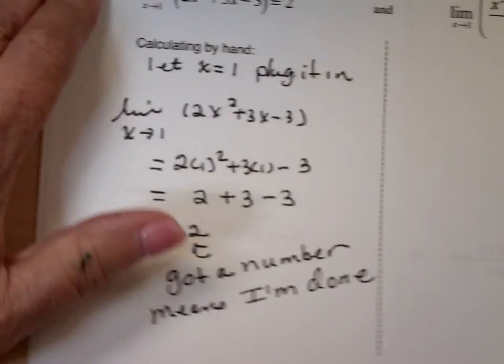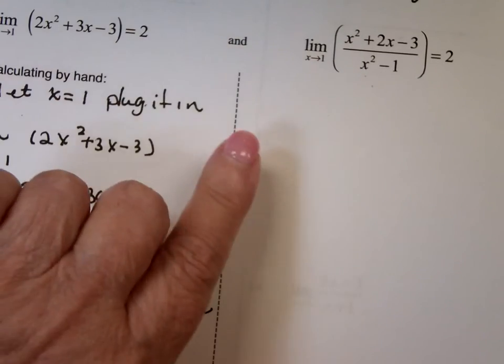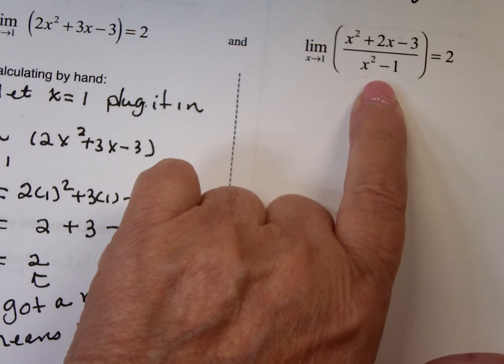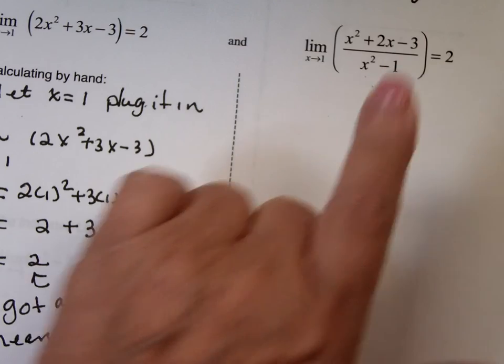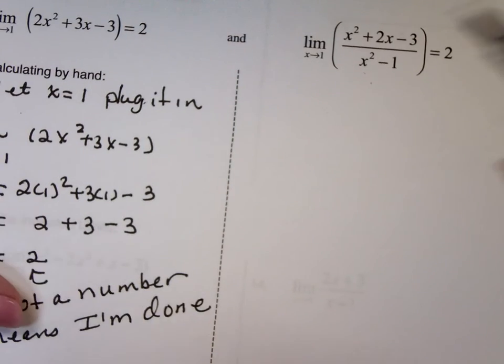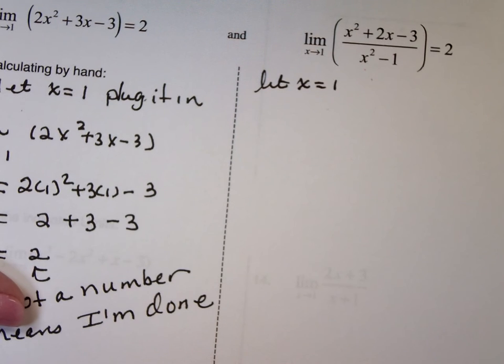Now, we also saw on the previous page that the limit of this guy was 2. That was where you have a hole in the graph. Well, what am I going to do? The first thing I do is I let x equal 1 and I plug it in.